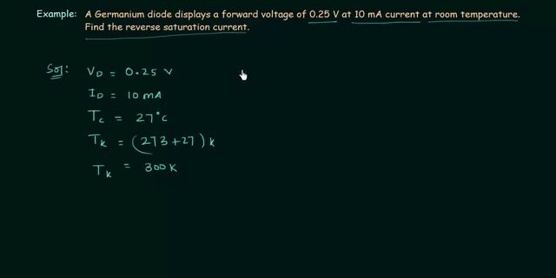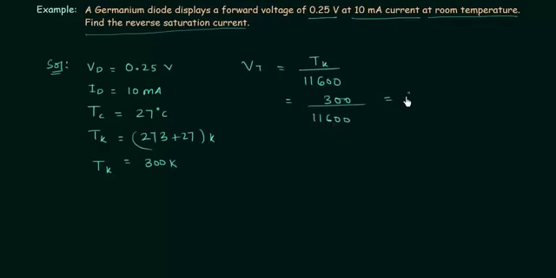Now we will calculate Vt, because it will be used to calculate the reverse saturation current, and Vt is equal to Tk divided by 11600. Tk is 300, so we have 300 divided by 11600, and this will give us 0.026 volts. Now we have everything to calculate the reverse saturation current, Is.